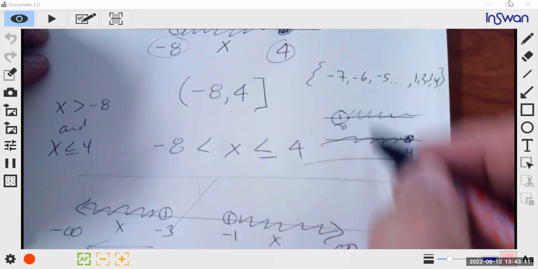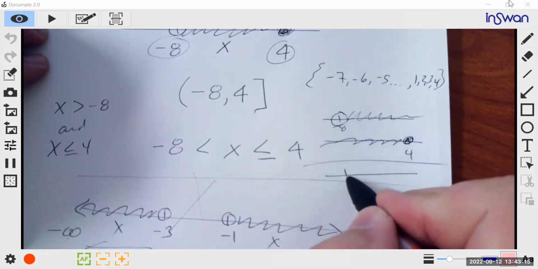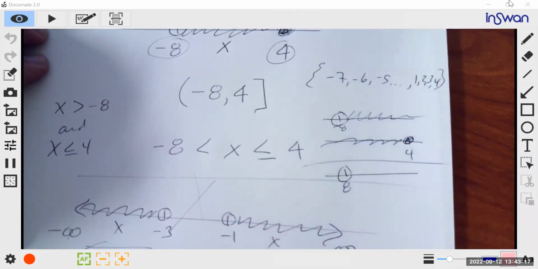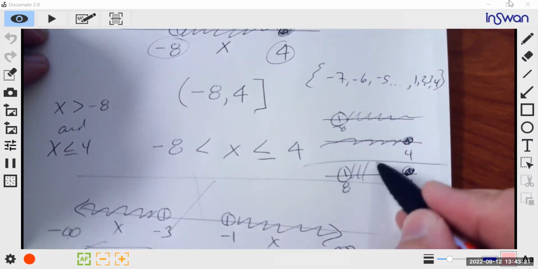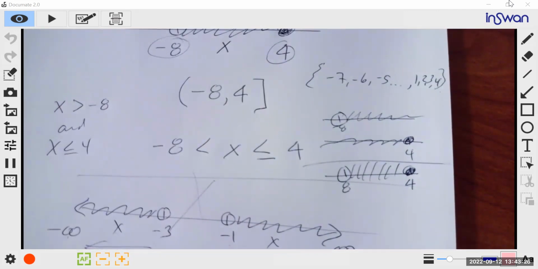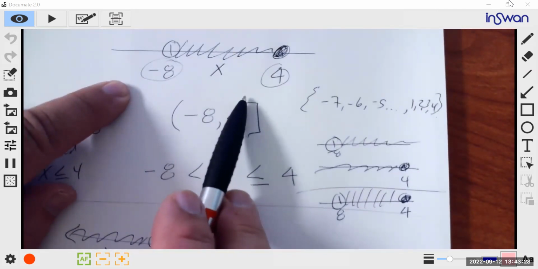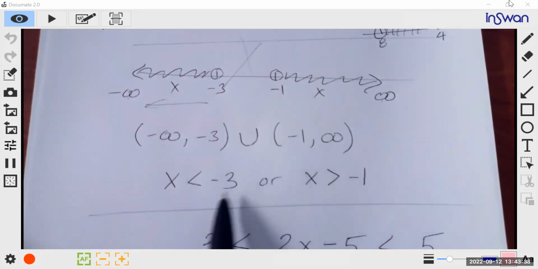Now, where these two graphs overlap, I cannot use -8. I can use 4, but it's everything else in between. It's only where they overlap that I can use. Yes, this one is an and statement, but I didn't bother going through that. It'll come easier to you when you start seeing how they're written.